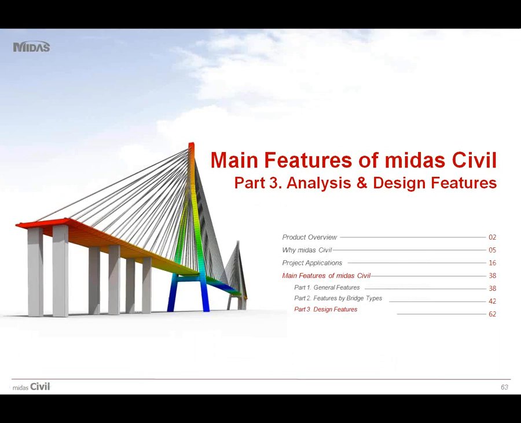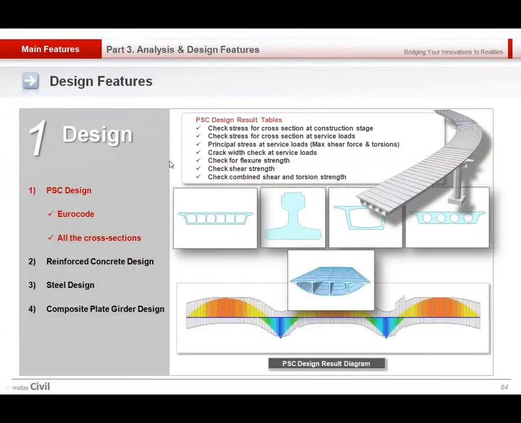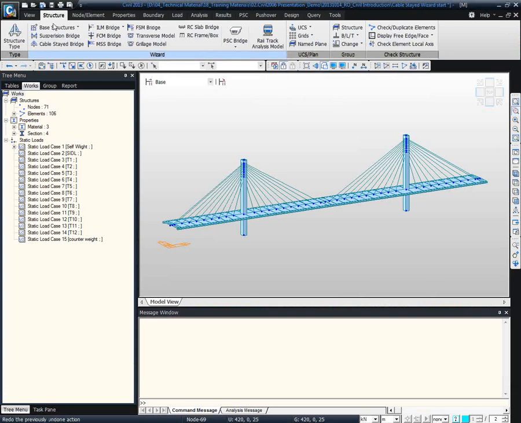So we have checked the useful features by bridge type. Let's go into the design feature. I mentioned at the beginning, MIDAS provides various design features for the PSC bridge and RC, steel, and composite girder bridge. Starting from the PSC bridge, we can check it with the program.